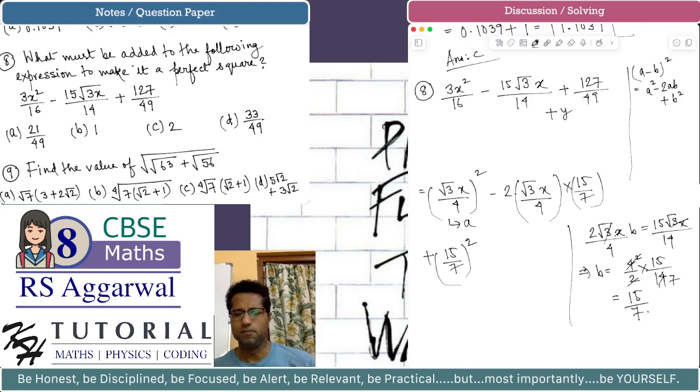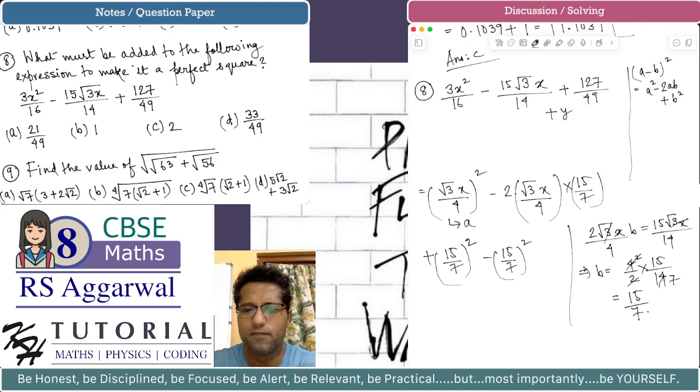So we have found that b must be 15 by 7 and a is square root of 3 into x by 4. And to form the a minus b whole square, we are adding 15 by 7 whole square. And since we have added this, we have to adjust it by subtracting the 15 by 7 whole square. Let's say y need to be added.